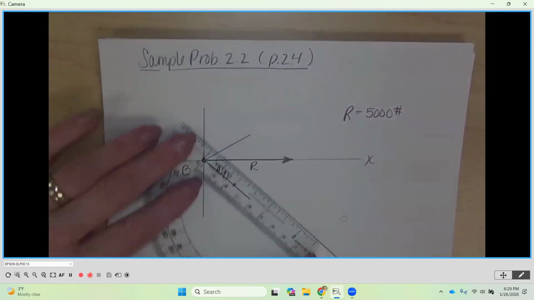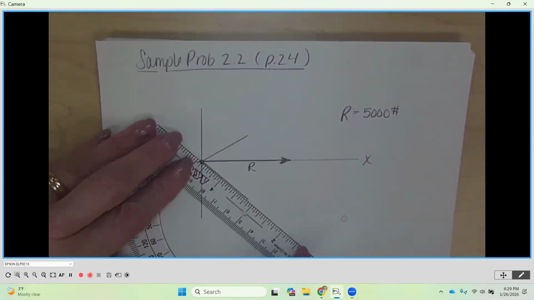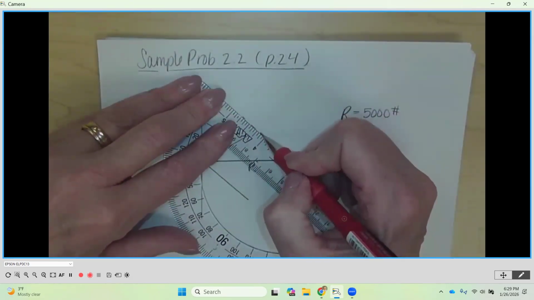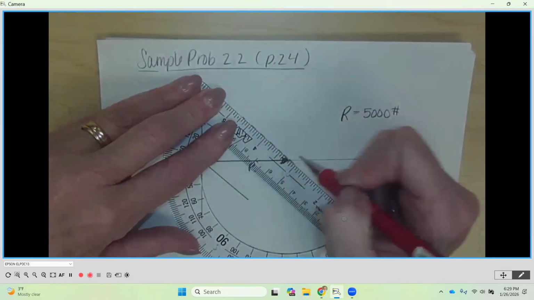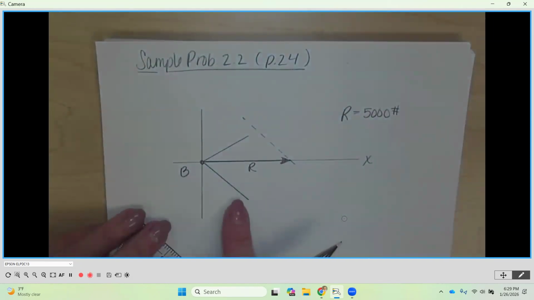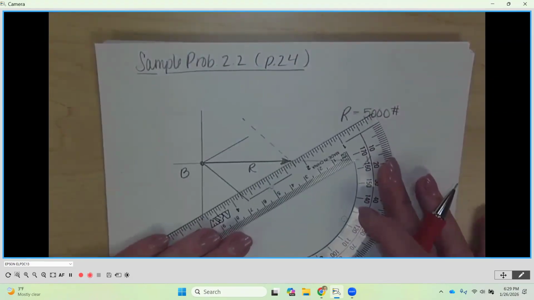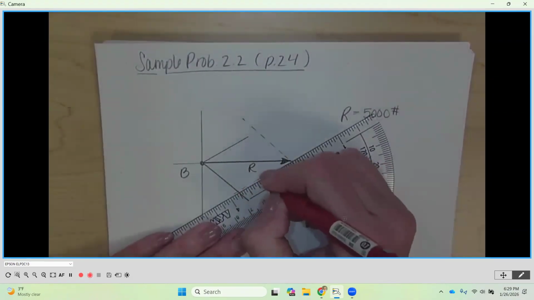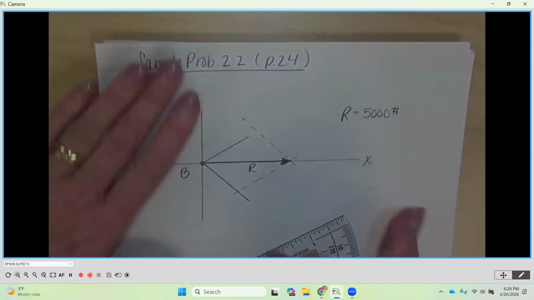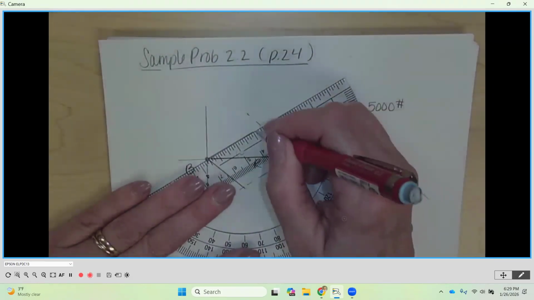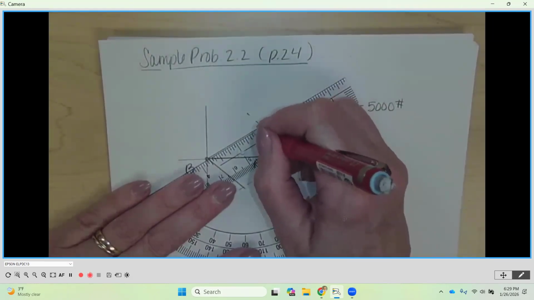Now, where A is going to be. So we're going to draw a line. This is going to be going down to B. I'm going to draw a line parallel through my endpoint of my resultant, parallel to what would be B. And then I'm going to draw a line parallel to what would be A. And this is why I have a pencil. I'm going to extend one and erase the end of another.